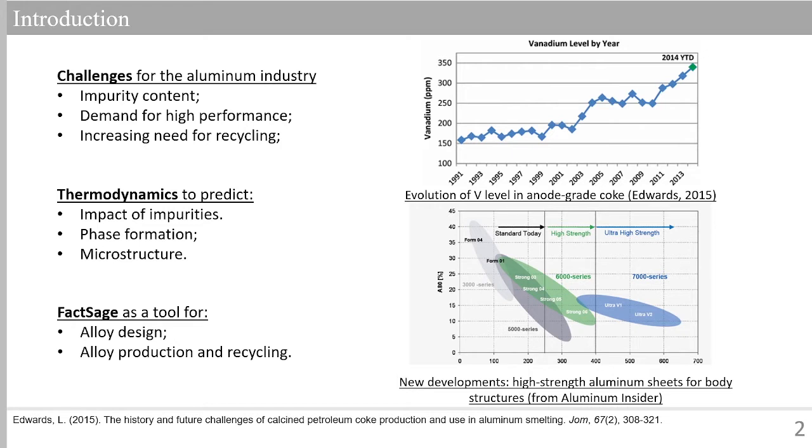This combined with ever-increasing demand for performance and the need for recycling means that impurities must be controlled. One of the tools we have is thermodynamics. With it, we can predict the impact of impurities, the phase formation, and the microstructure of alloys. This makes FactSage a powerful tool for alloy design and alloy production and recycling.